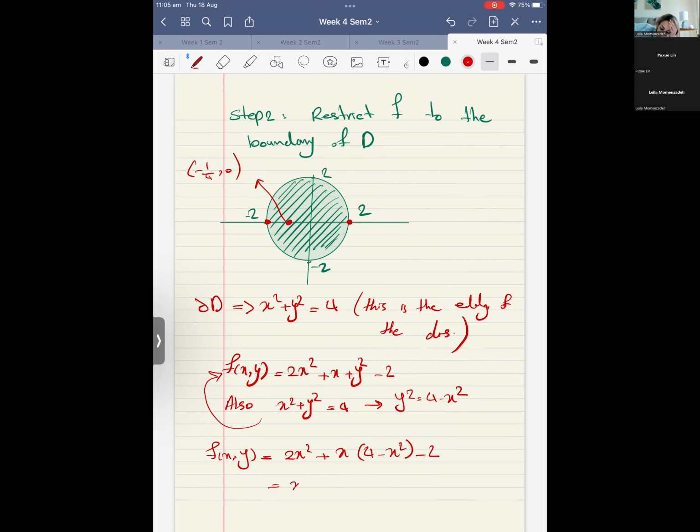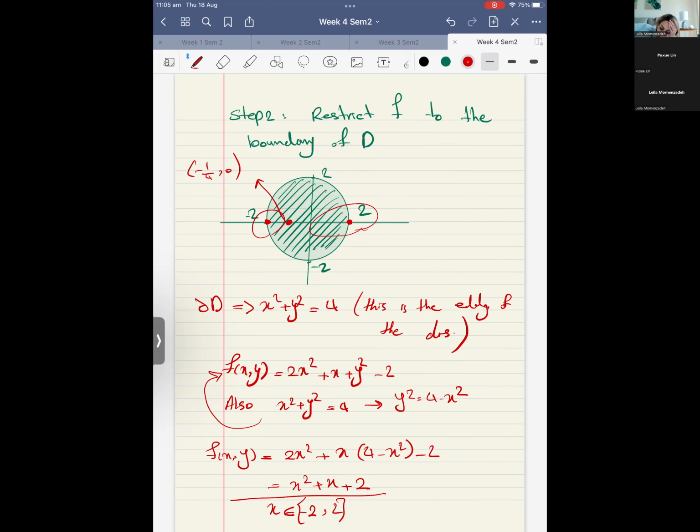It means x² + x + 2, and x should be in between -2 and 2, as here, -2 and 2.